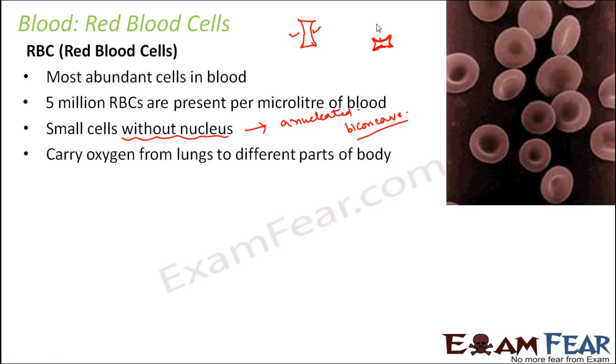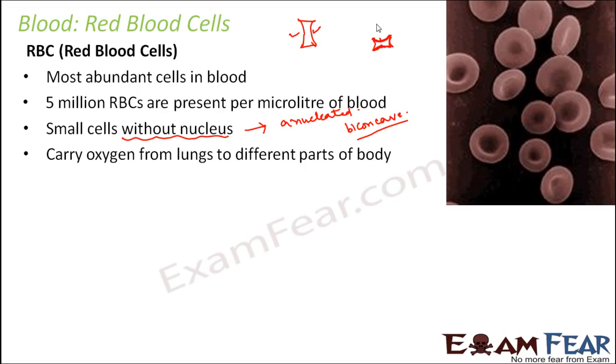They carry oxygen from lungs to different parts of the body. Now, these red blood cells are the ones which are red. The name itself suggests that they are red in color, and their red color is due to the presence of the red pigment called hemoglobin. Now, hemoglobin helps in carrying oxygen or transport of oxygen. In the last chapter we discussed the transport of oxygen by hemoglobin. Correct?